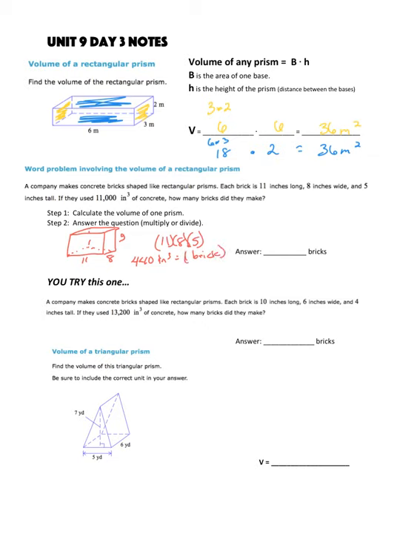Now I know how much concrete I need for one brick. Let's find out how many bricks we made. We would do 11,000 divided by 440. They made 25 bricks.